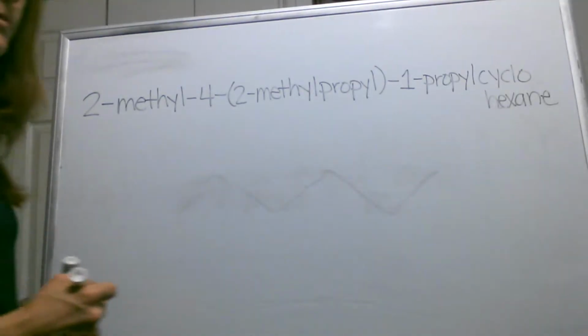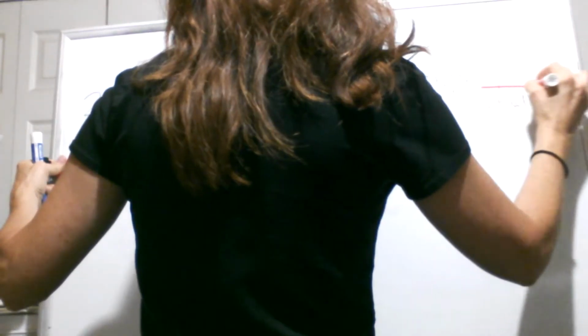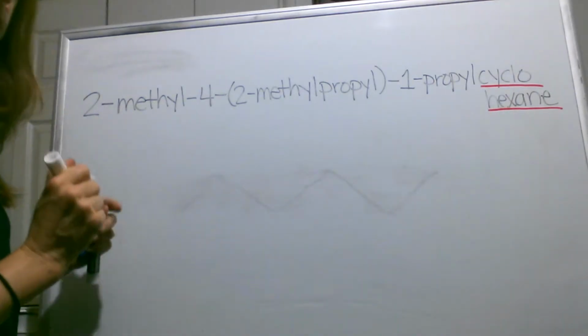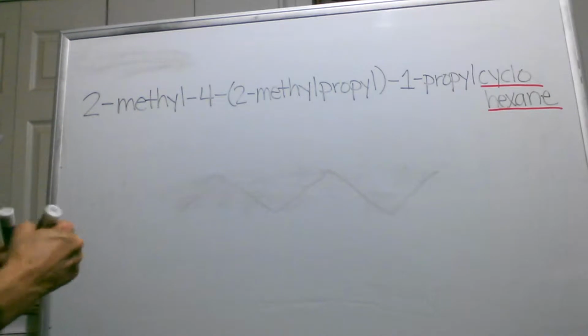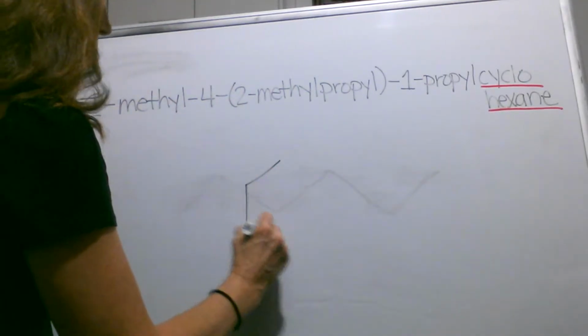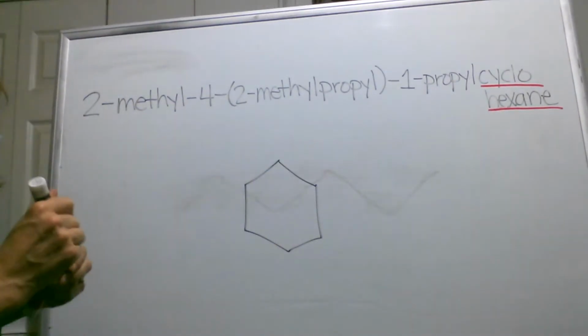So for the last problem, we're going to follow the same approach, only notice that this time, again, in the interest of board space, running out of room, that should be all one word, but our parent is not hexane, but it is cyclohexane. So we're going to start by drawing the parent piece. There's our cyclohexane.